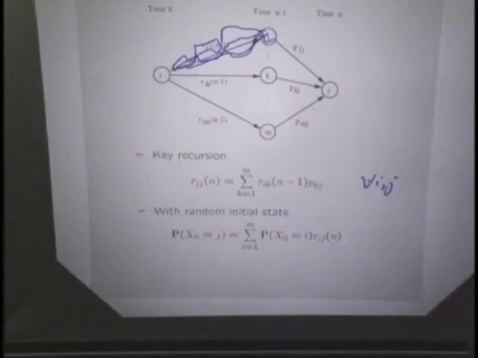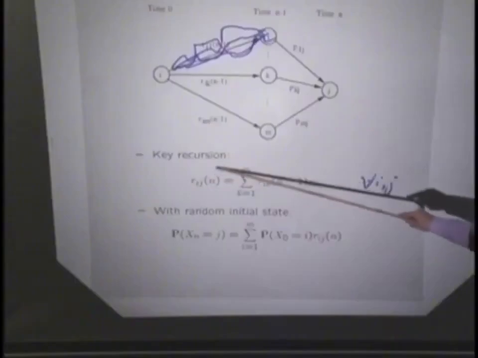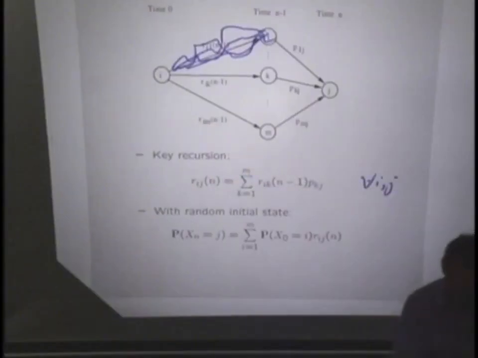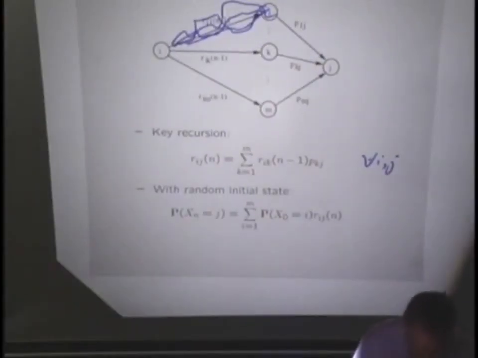That is, for a particular n, you calculate this quantity for all possible i's, j's, k's. You have all those quantities, and then you use this equation to find those numbers, again, for all possible i's and j's. Now, this is a formula which is always true, and there's a big idea behind that formula.